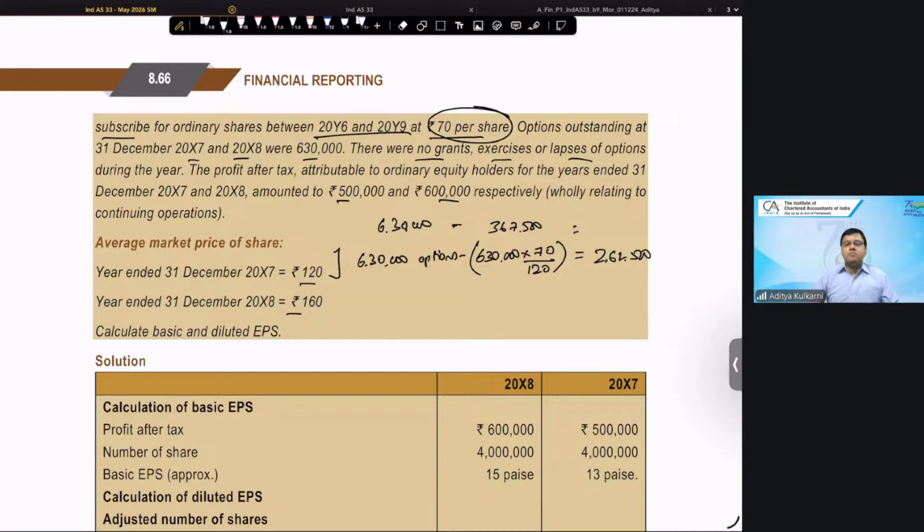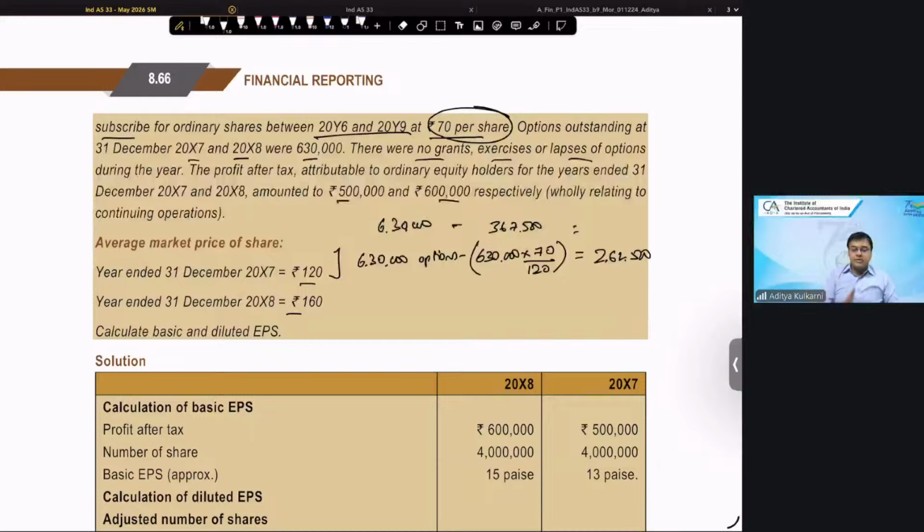Got it. So basically, when we talk about diluted, and I'm very happy that you brought this topic up, because many times students think that options will be exercised and result in a cash inflow in future, so we will not consider them for potential equity shares. That thought process is not right.